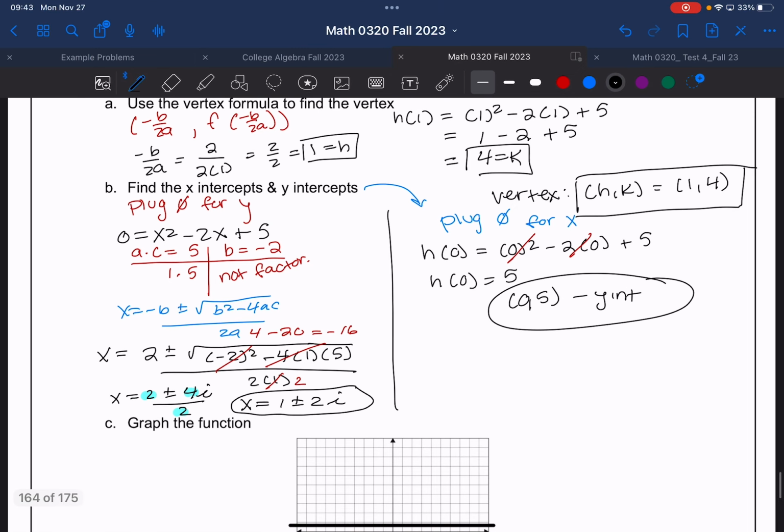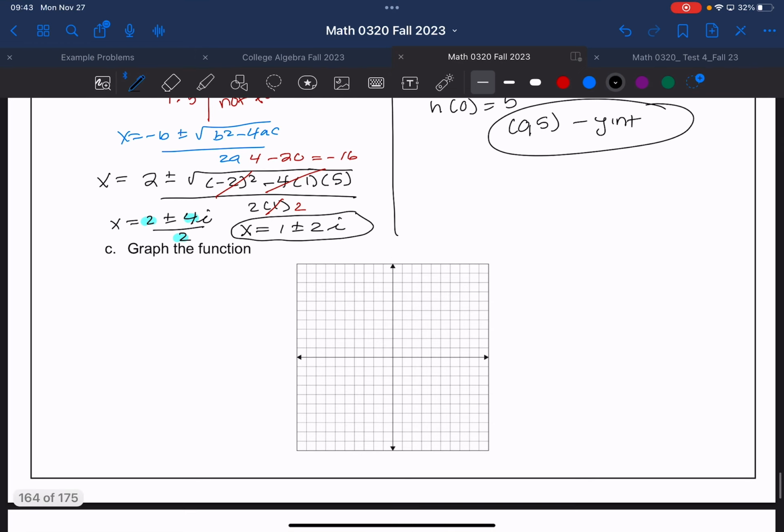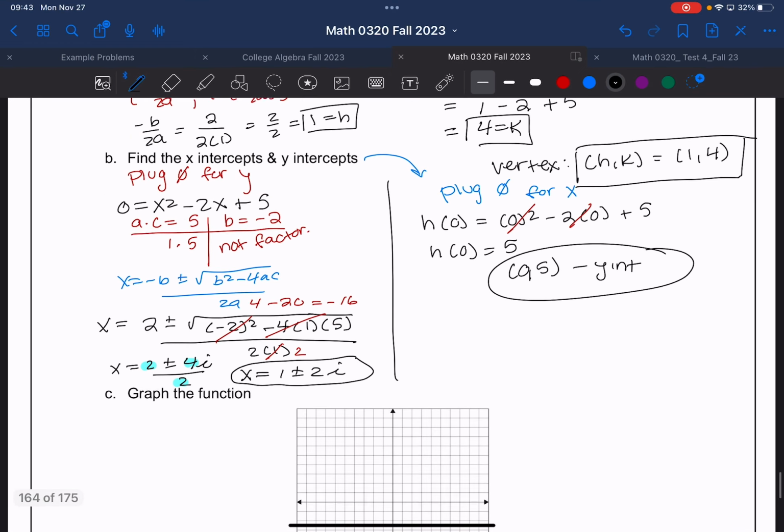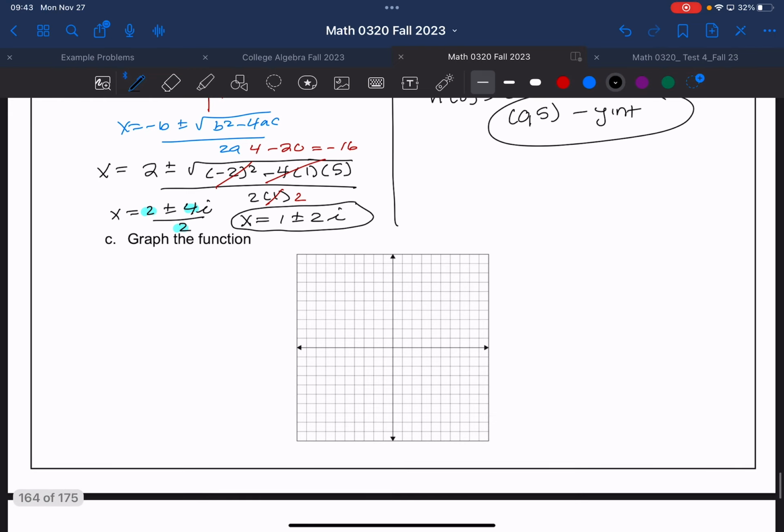Okay. Since I'm unable to graph my x-intercepts, what 2 points are the only points I'm graphing? Vertex and the y-intercept. So I know my vertex was 1, 4, and my y-intercept was 0, 5.